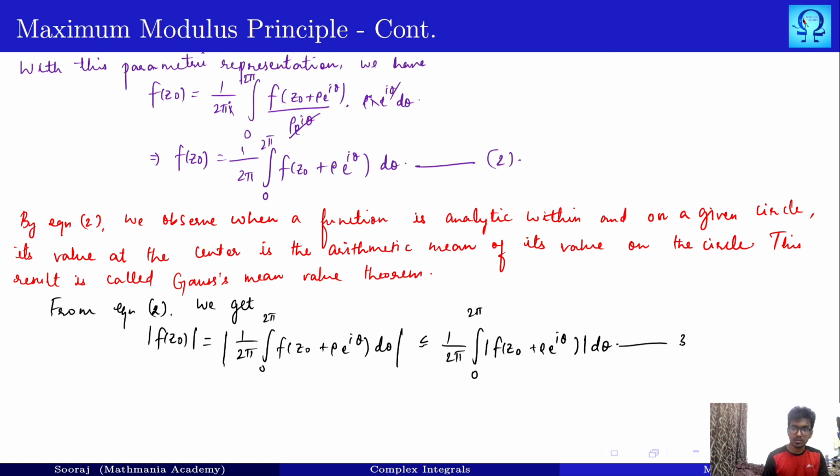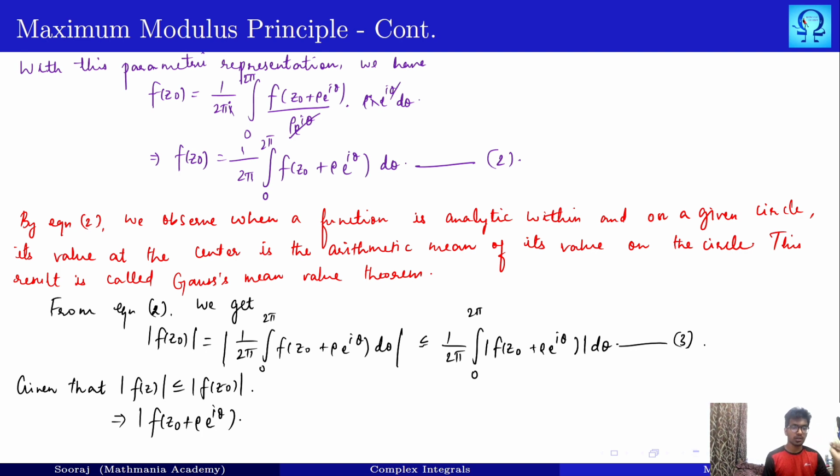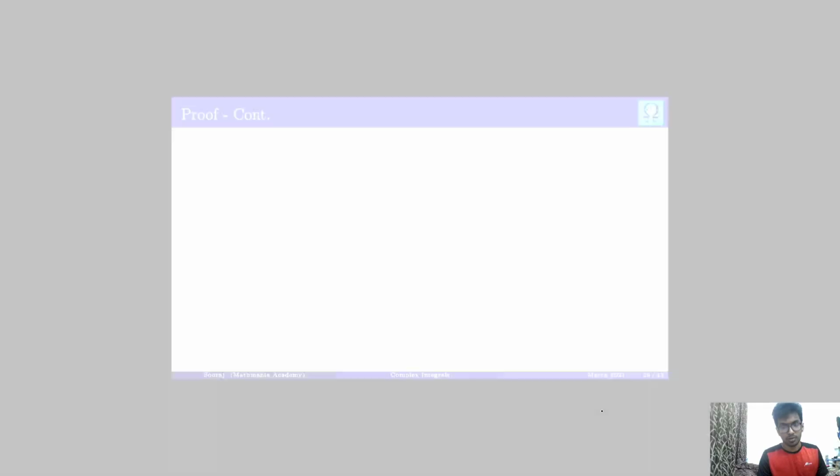Okay, we mark this as equation 3. It is given that absolute value of f of z is smaller than or equal to absolute value of f of z naught. So this tells us absolute value of f of z naught plus rho e power iota theta is smaller than or equal to absolute value of f of z naught, and this is true for theta varying between 0 to 2 pi. Let me mark this as equation 4, right?